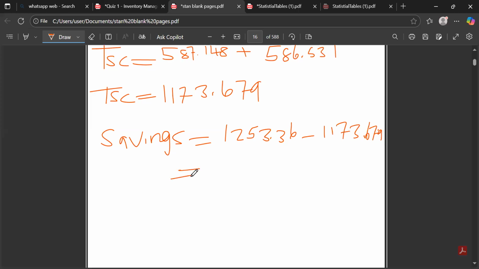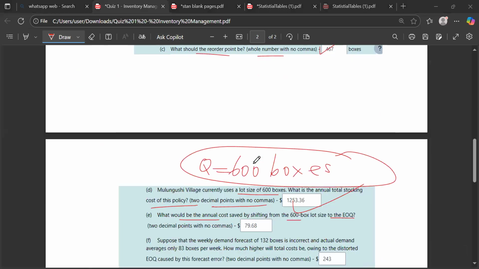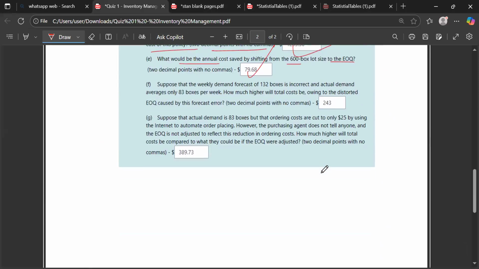Okay, 1253.36 minus that, giving us 79.68. 79 point what? 68. So we have 79.68, which is this one.